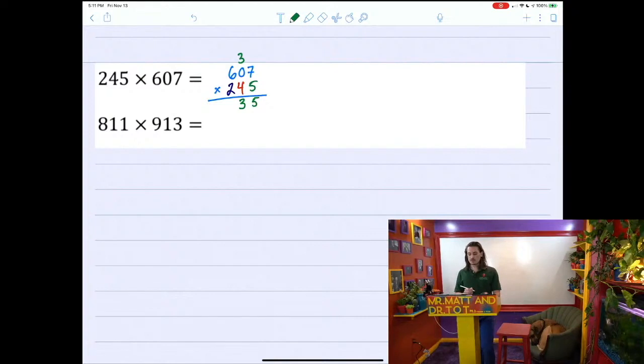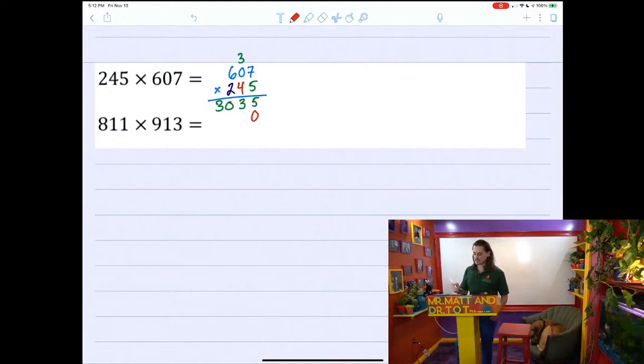Now when we go to multiply by the tens digit of 4, we need to make sure that now we're moving over into the next digit place to the left. So we need a placeholder of 1 0. So you need to write the 0 out, and it's going to take the place of the ones digit. And you're not going to do anything with that ones. You're just going to start the multiplication process from the tens digit on.